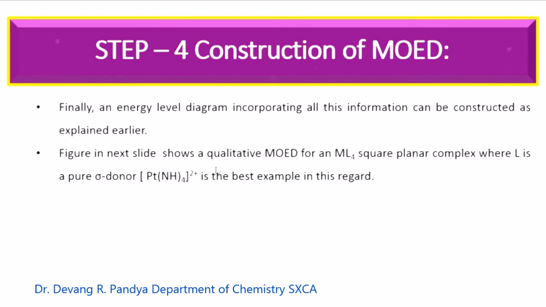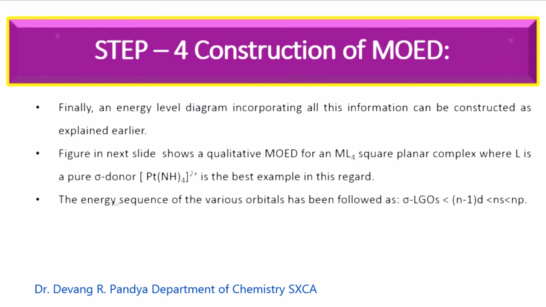The figure in the next slide shows a qualitative molecular orbital energy diagram for an ML4 square planar complex. This is common, that's why I said ML4 square planar complex, where L is a pure sigma donor. An example you can take is the tetraammineplatinum(2+) complex, and it is the best example to represent the MOED construction for only sigma interaction in square planar geometry.